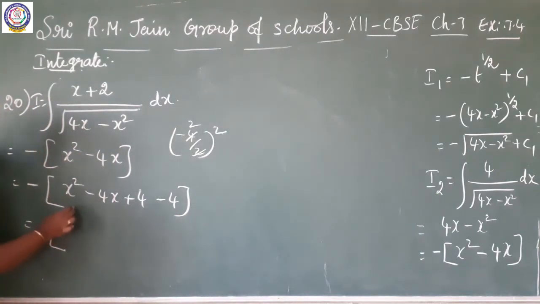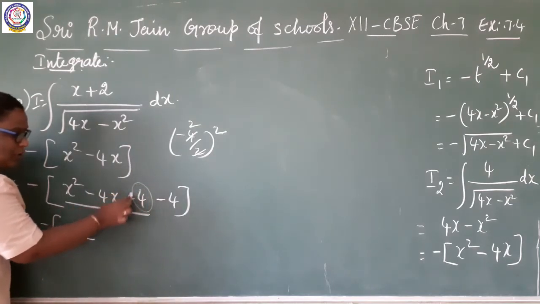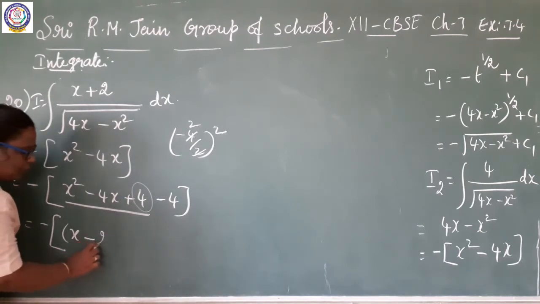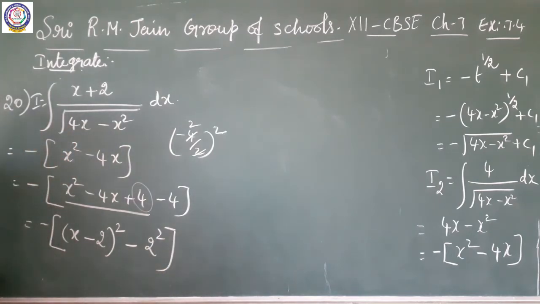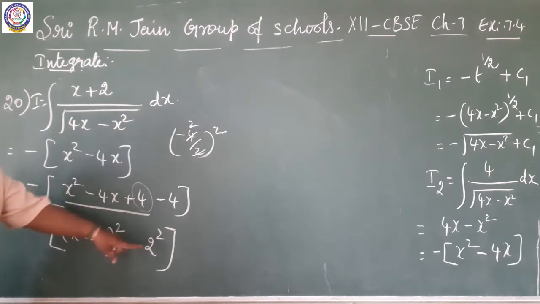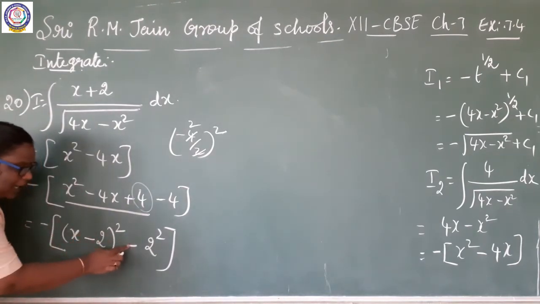So it gives, what is the value for this? x minus the square root of this value, 4, that is 2, the whole square minus 2 square. Is it clear? So (x minus 2) the whole square, because b square value is 4, minus 2 square. Now you bring minus inside. Minus into minus is plus.